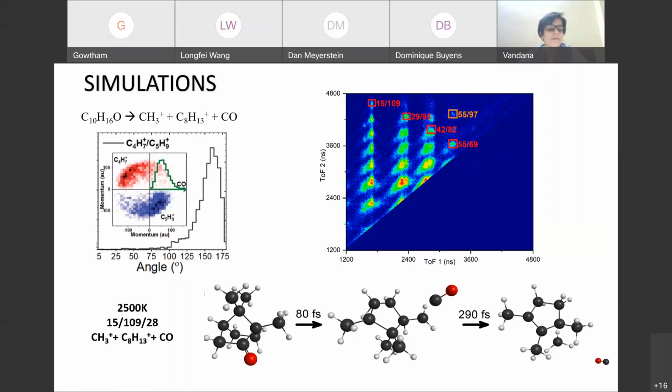But around 25,000 Kelvin, we saw that around 80 femtosecond CO goes out as a neutral, and after 290 femtosecond, the first CS3 plus ion and the C8S13 plus ion dissociate after a rearrangement of the hydrogen atom, proton rearrangement.